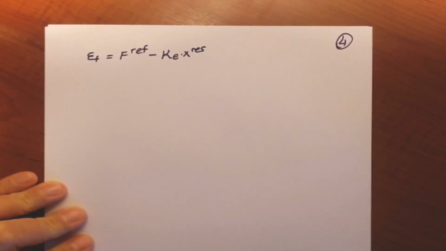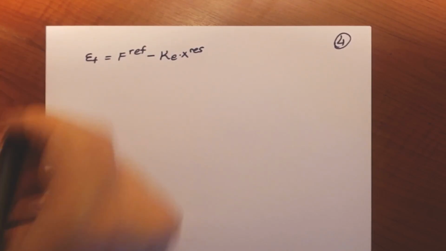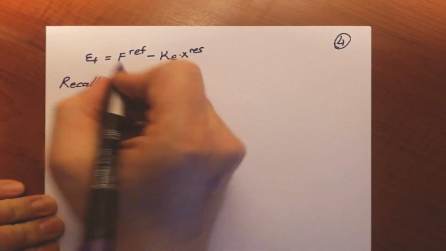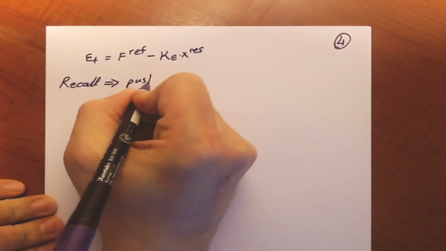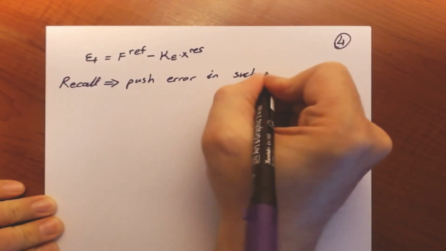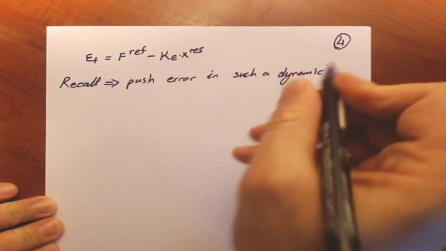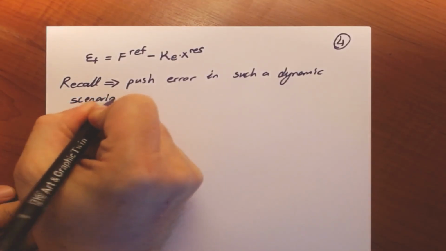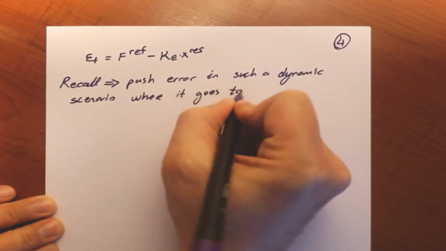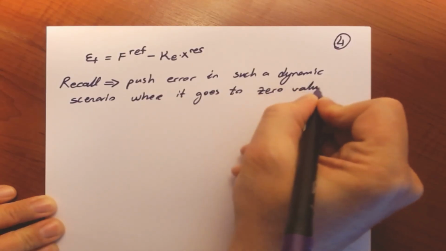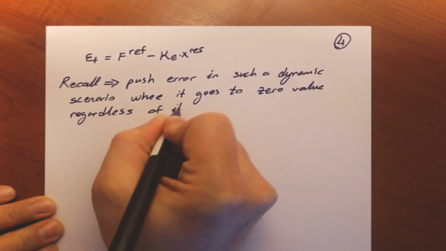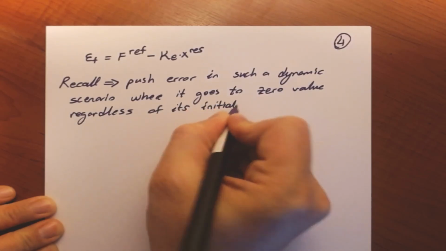So recall, what we were trying to do was to push the error in such a dynamic scenario where it goes to 0 value regardless of its initial value.